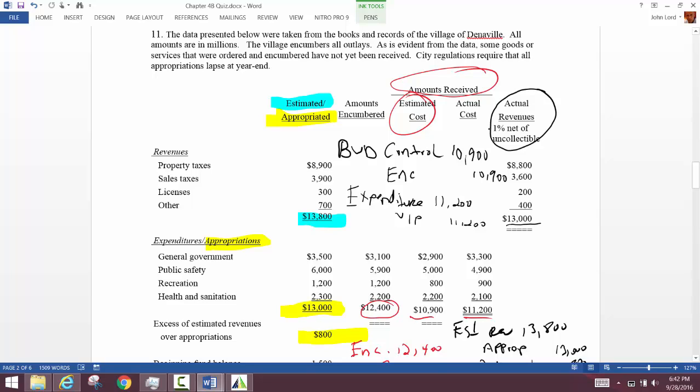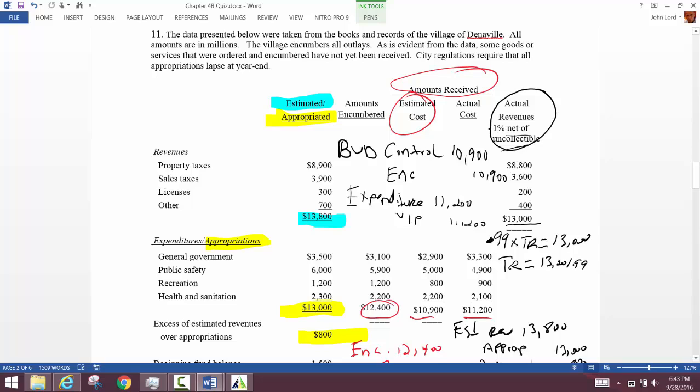So the amount that I'm going to collect is 0.99 times X, times my tax receivable, going to equal 13,000, right? Because they're telling me the amount I'm showing here is net of the uncollectible amount, isn't it? So my taxes receivable must have been 13,000 divided by 0.99, right?